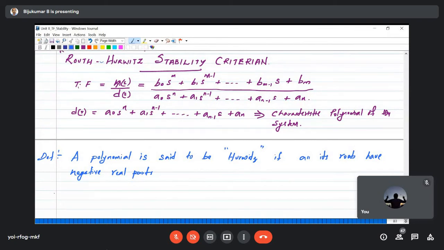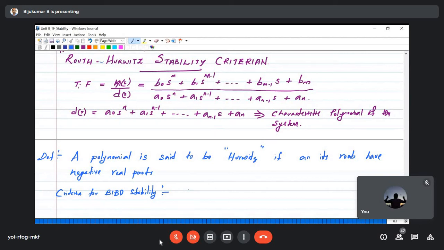and according to stability, what is the criteria for stability? You have already seen, right? What is the criteria for stability? You tell me, according to the location of the poles in the S-plane.